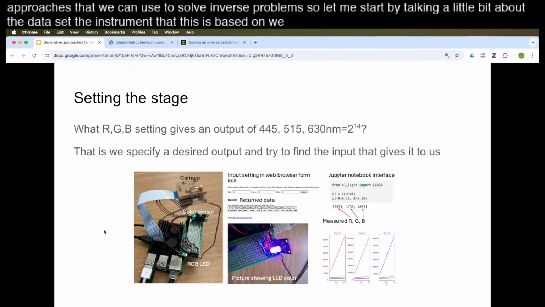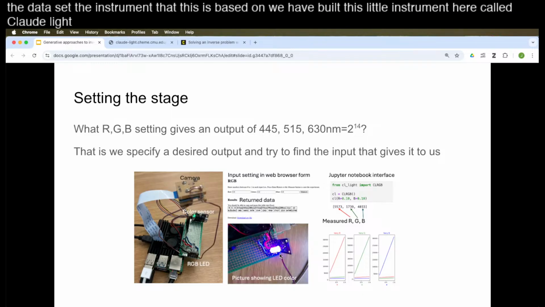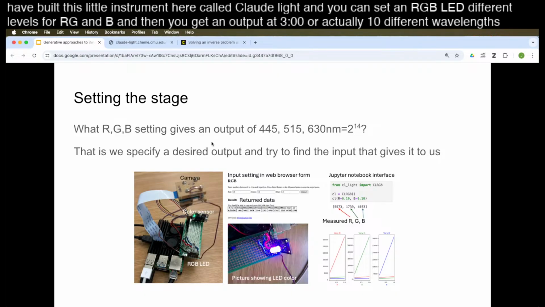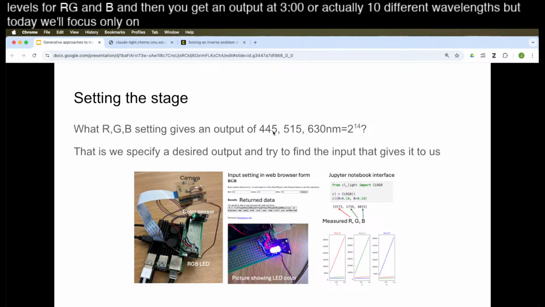We have built this little instrument here called Claude, and you can set an RGB LED, different levels for R, G, and B, and then you get an output at 3 or actually 10 different wavelengths. But today we'll focus only on 3 wavelengths that are roughly red, green, and blue.